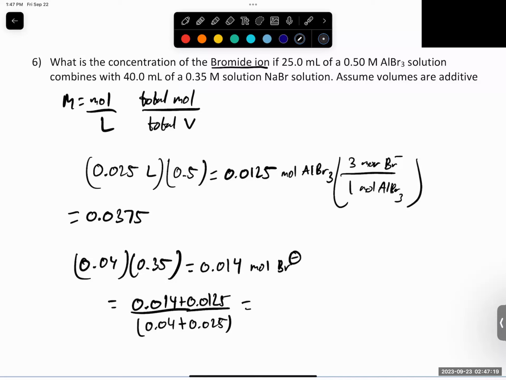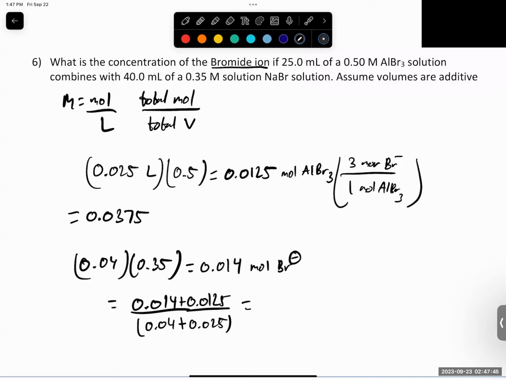0.7923. What if we wanted to account for sig figs? 0.79, because there's two sig figs in every single thing?